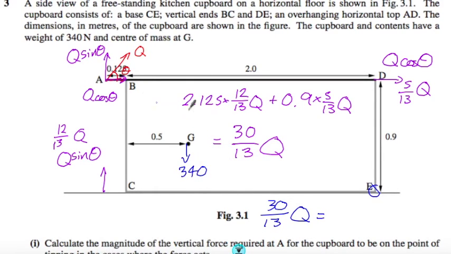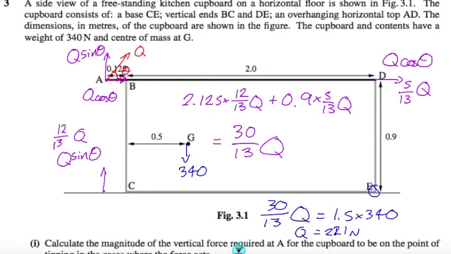So that's going to be 1.5 times 340, which is 510, and then if we divide that by 30/13, we get 221. So if you solve that equation, we get 221 newtons.